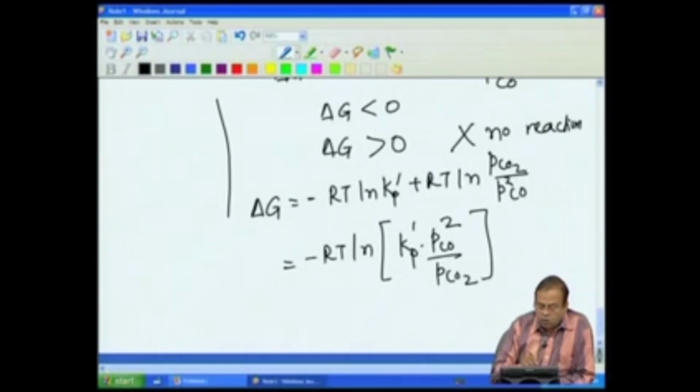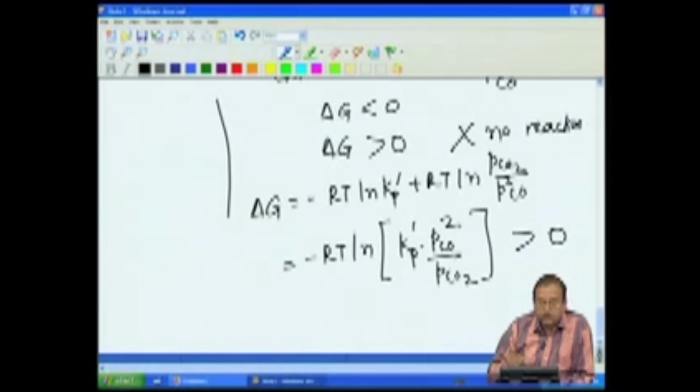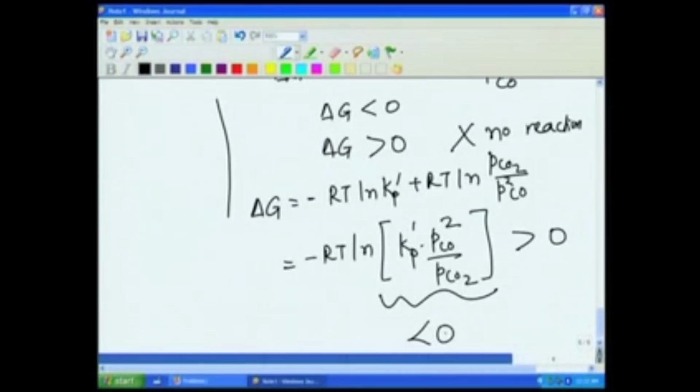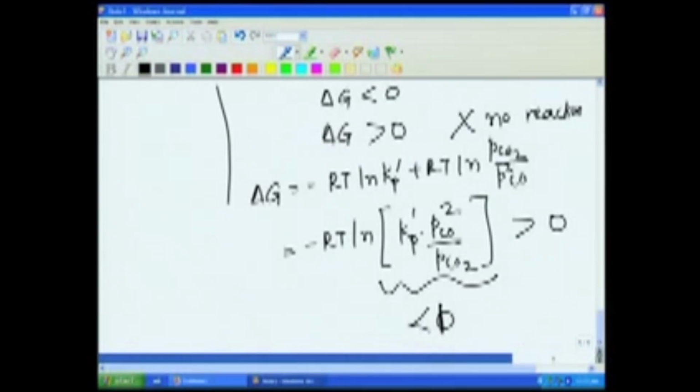So, I want this quantity to be greater than 0, that means this bracketed quantity has to be less than 0, or less than 1 rather, sorry, less than 1, then only delta G0 will be positive.